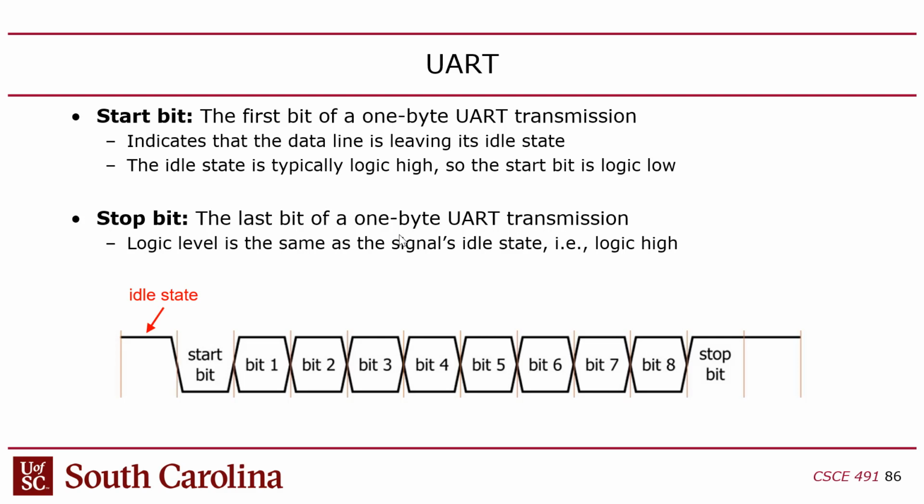If you put consecutive bytes one after another, the stop bit guarantees that in between each byte you send, there will be 1 bit time of 1 for the stop, followed by 1 bit time of low for the start before you send the next byte, right? And UART usually goes from least significant bit to most significant bit. So this is the opposite of SPI. Now when you read these bits, you have to reverse them.